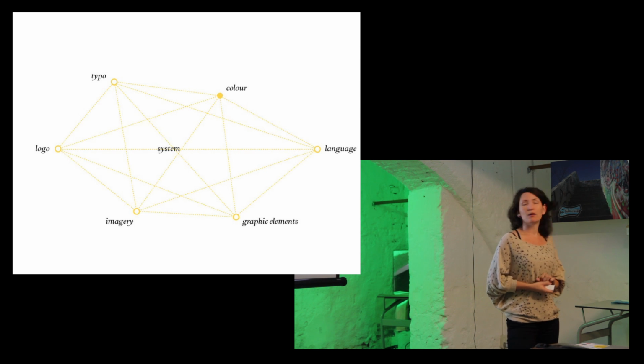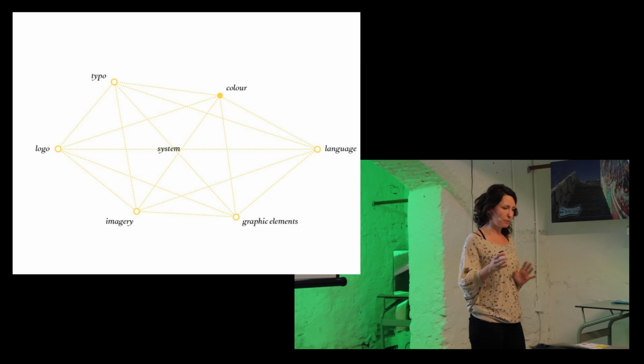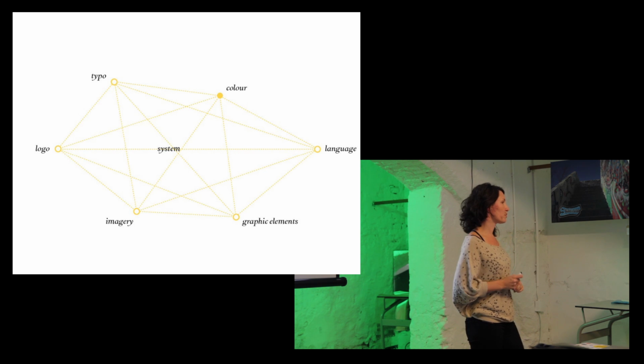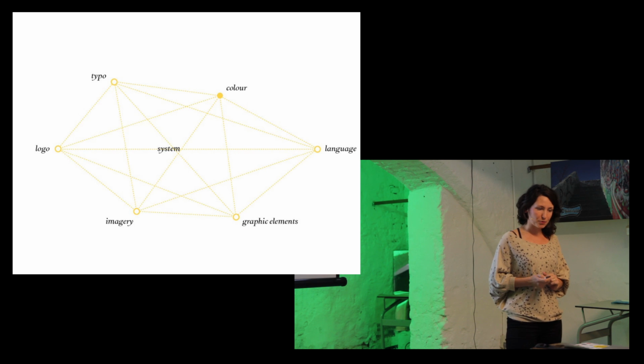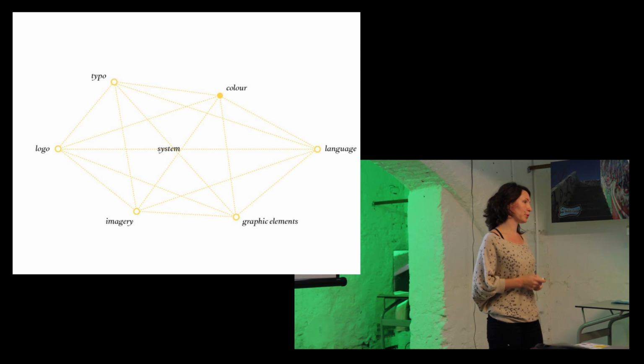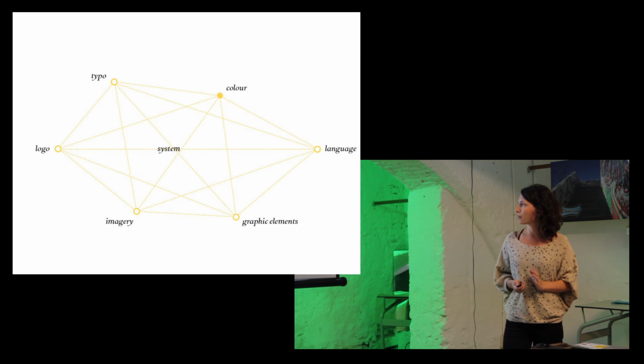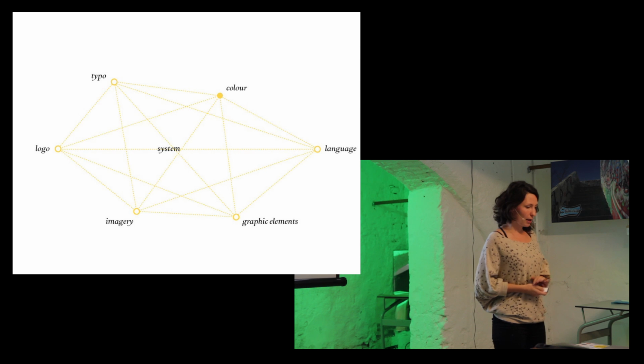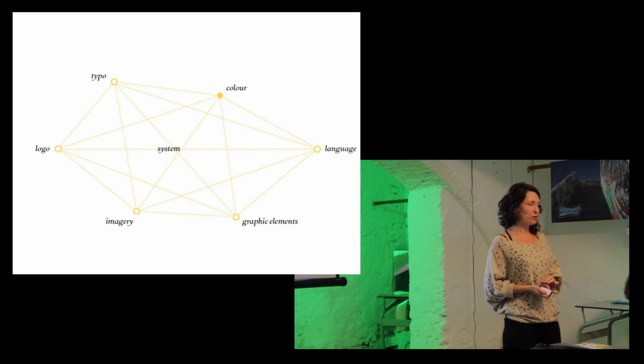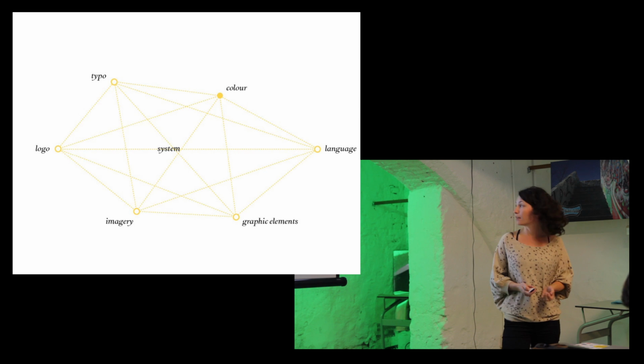So we could say that the more components hold different variables, the more dynamic the identity becomes. But very important, a brand always needs to stay recognizable. So you always need to fixate at least one thing, and you need to find the right balance between consistency and change.